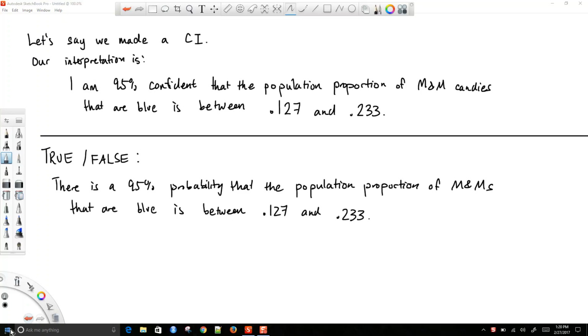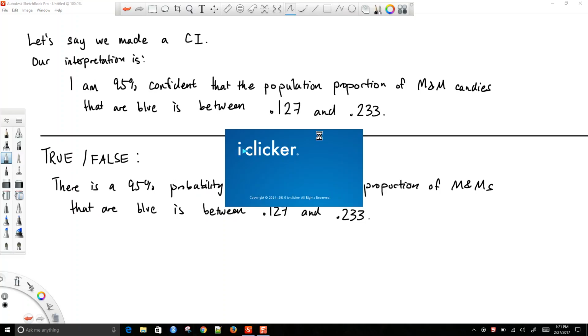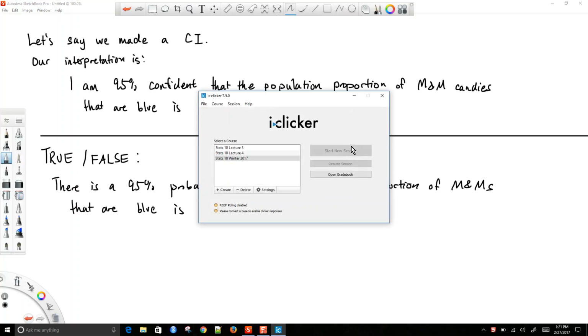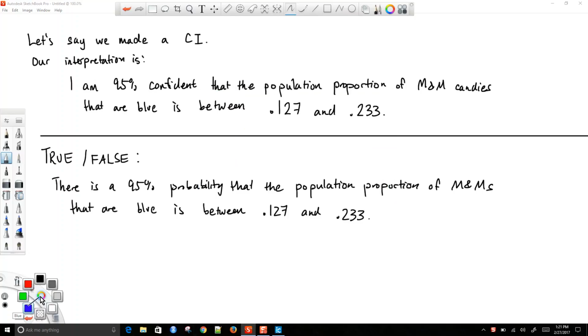This seems almost too easy. Now you're not so sure. Go ahead and talk with your neighbor about what the answer should be. True we'll say is A, and B will be false, on the clicker.